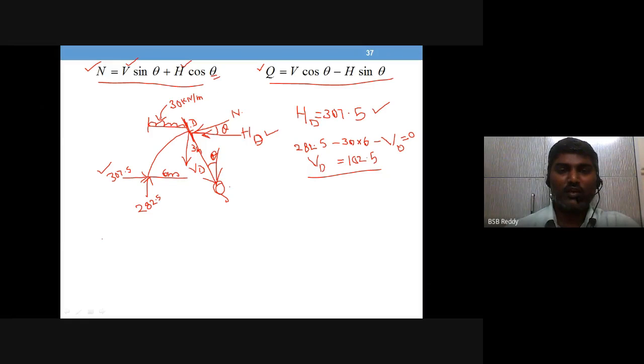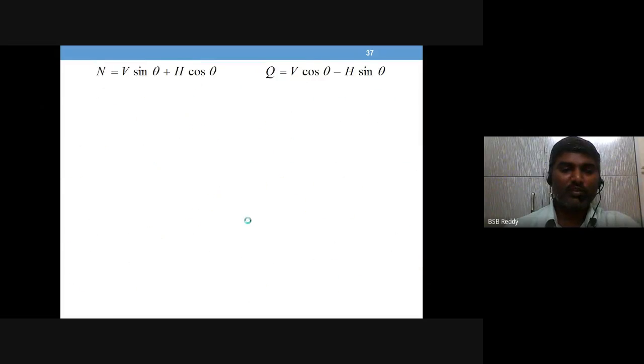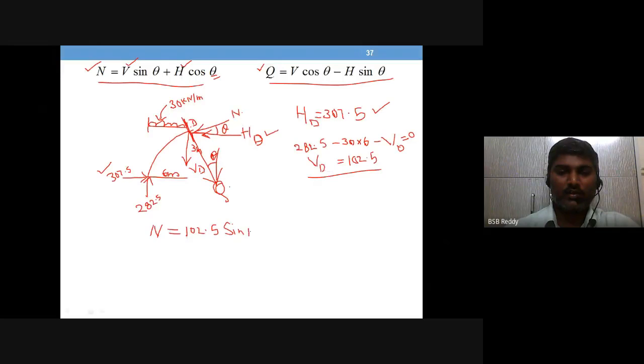Okay, so now if you want n value, it is simply V, that is 102.5, into sine theta. What is theta value? 18.435 degree. Sine 18.435 degree.